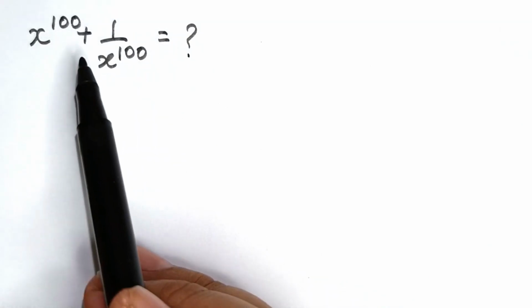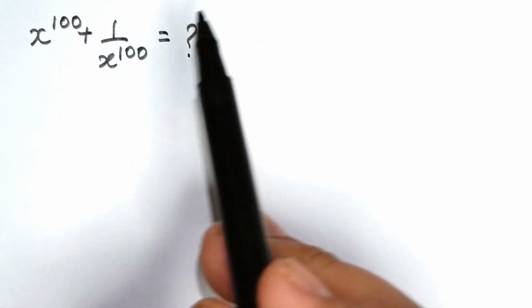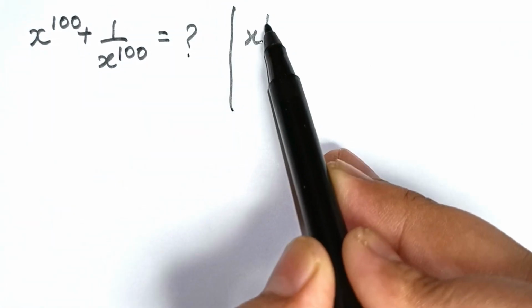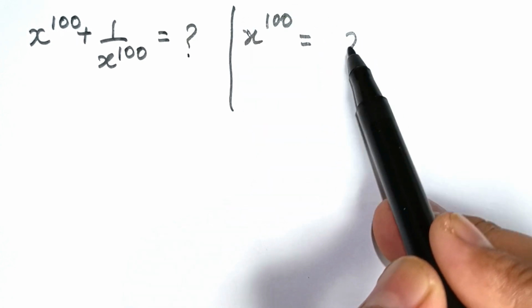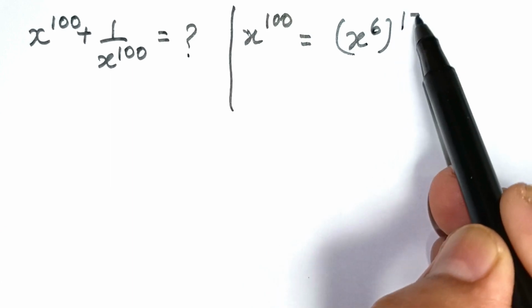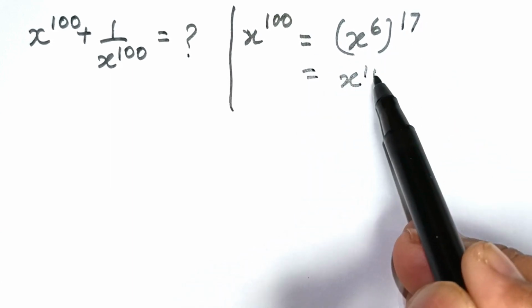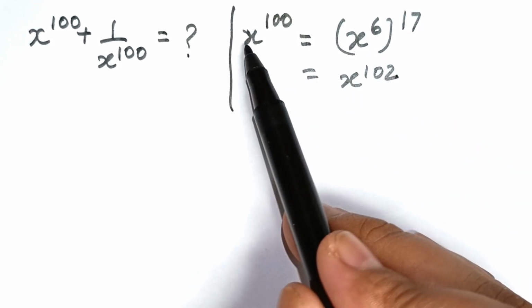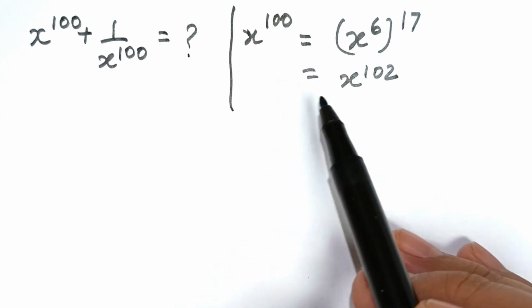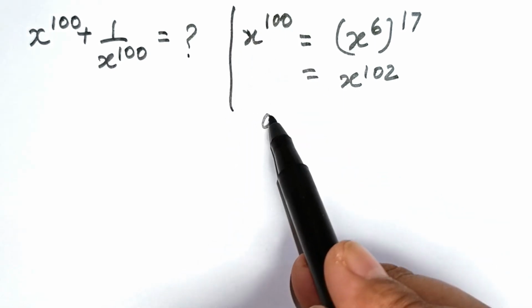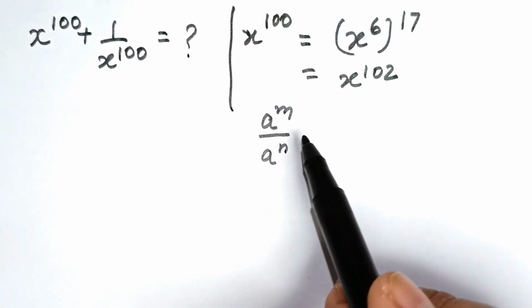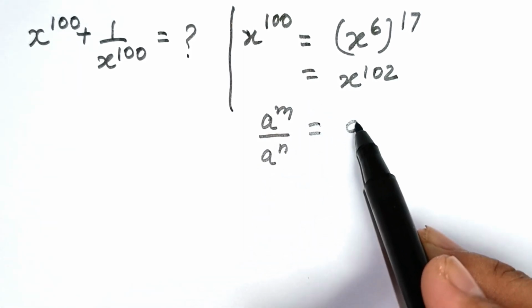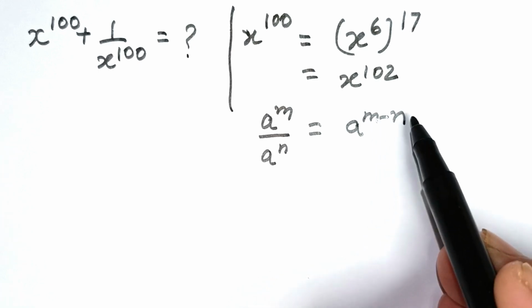Now in order to get the question value, we can write x to the power 100 in terms of x to the power 6. How? See, x to the power 6 to the power 17 will become x to the power 102. But we have to get the value of x to the power 100. Now as per the law of exponent, if a to the power m upon a to the power n is given, this will become a to the power m minus n.